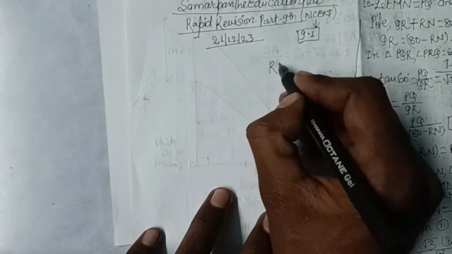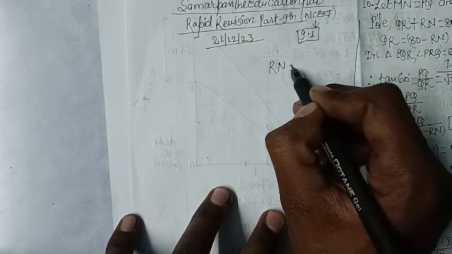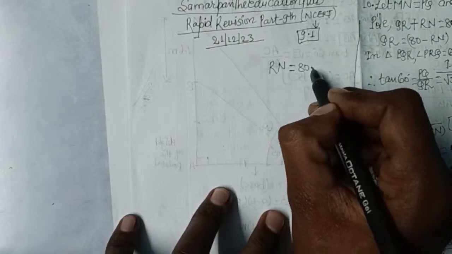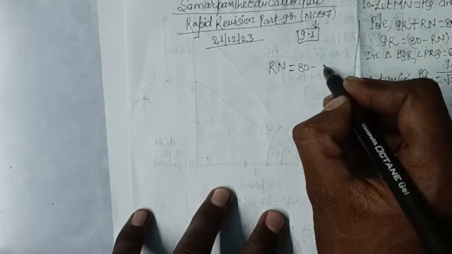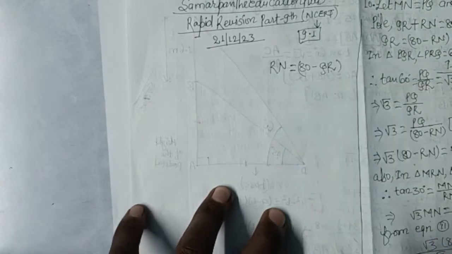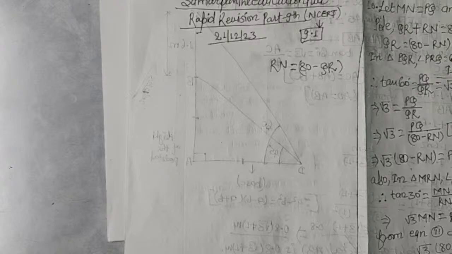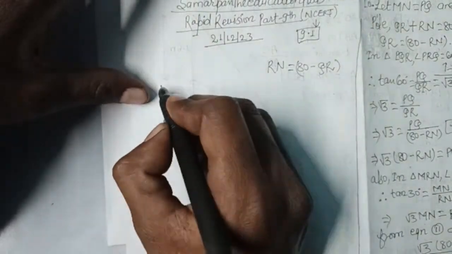If we want to write the value of RN equals 80 minus QR, now.